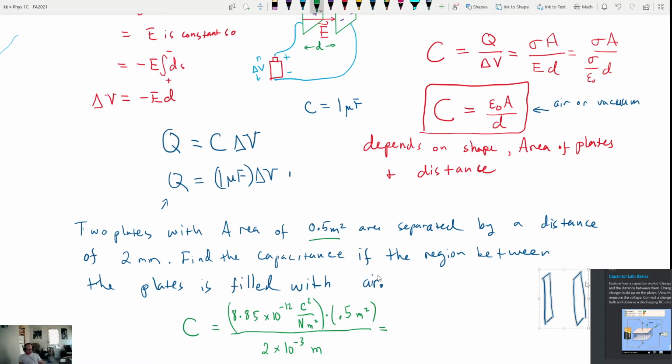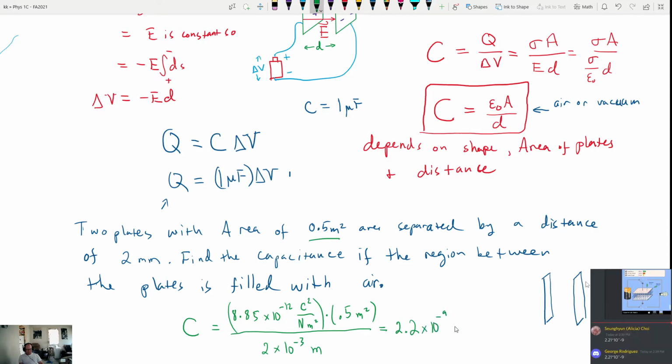What do y'all get if you do this calculation? What do you get? Okay. Now what about the units? Let's look at our units here. There's a meter squared here, and there's a meter squared there. Those cancel out.